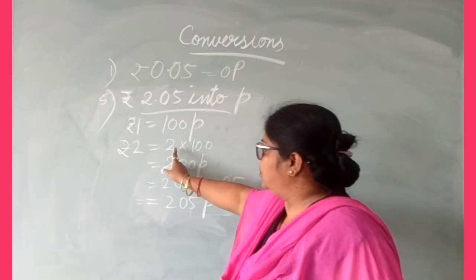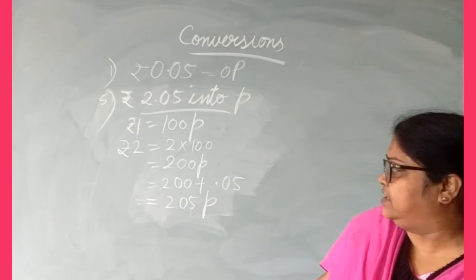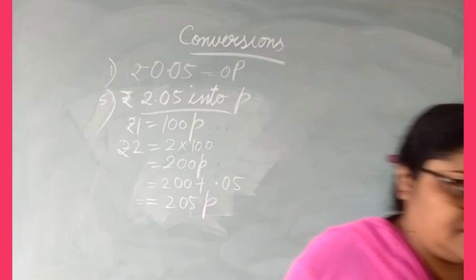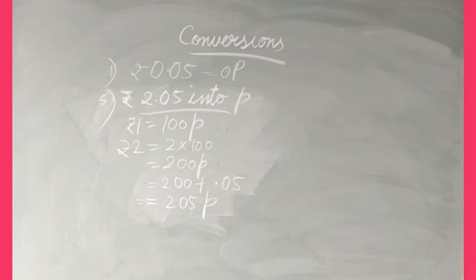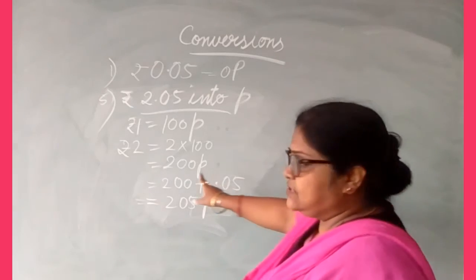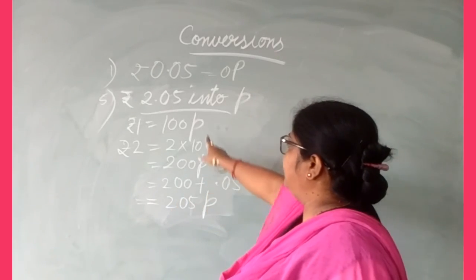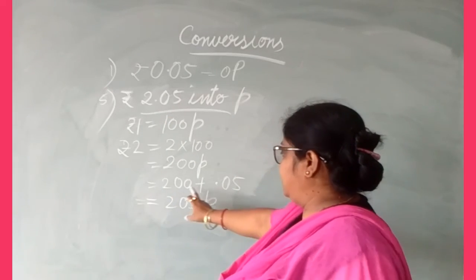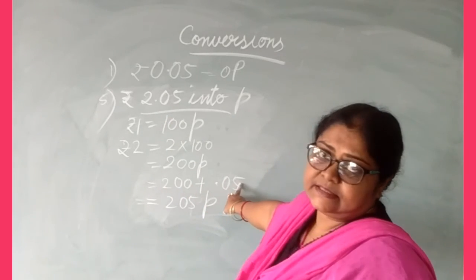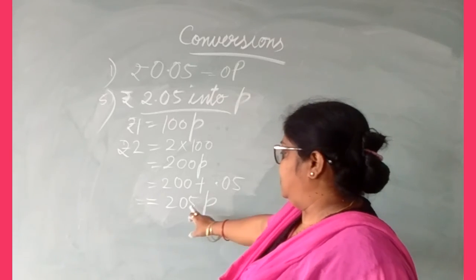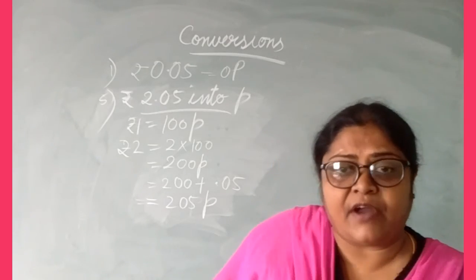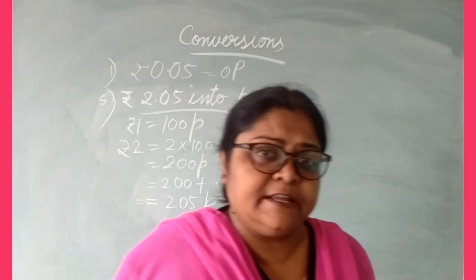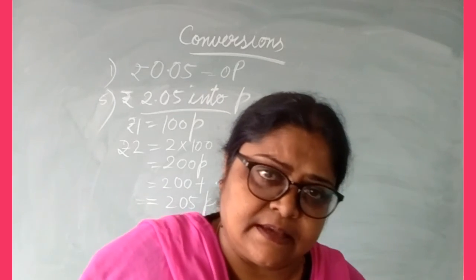What answer did you get after multiplying? You got 200 paisa. Now to this 200 paisa, we will add 0 and 5. When you add 200 plus 05, you will get 205 paisa.